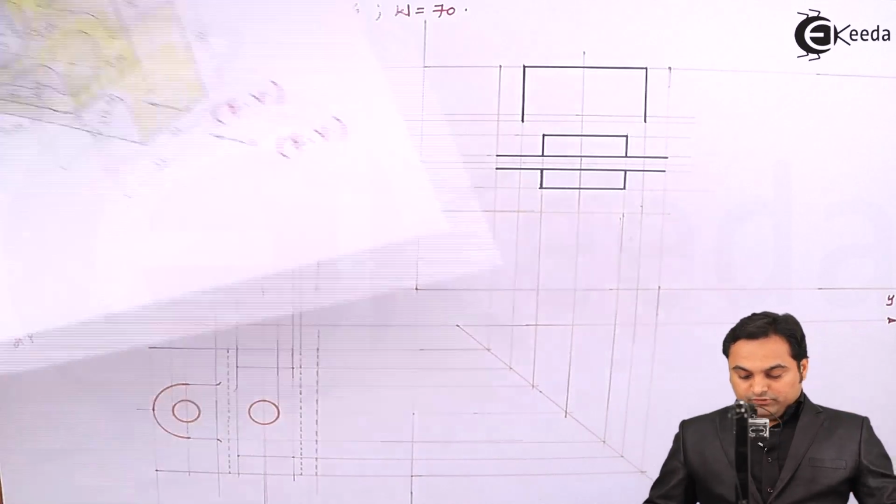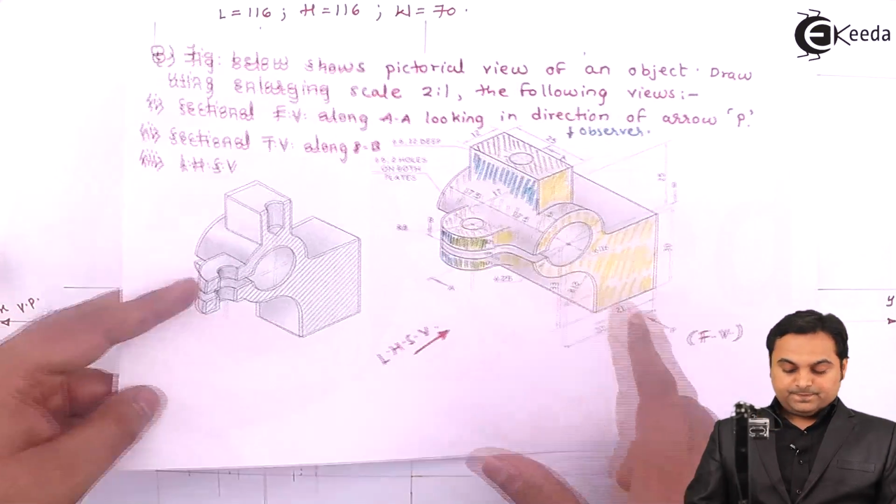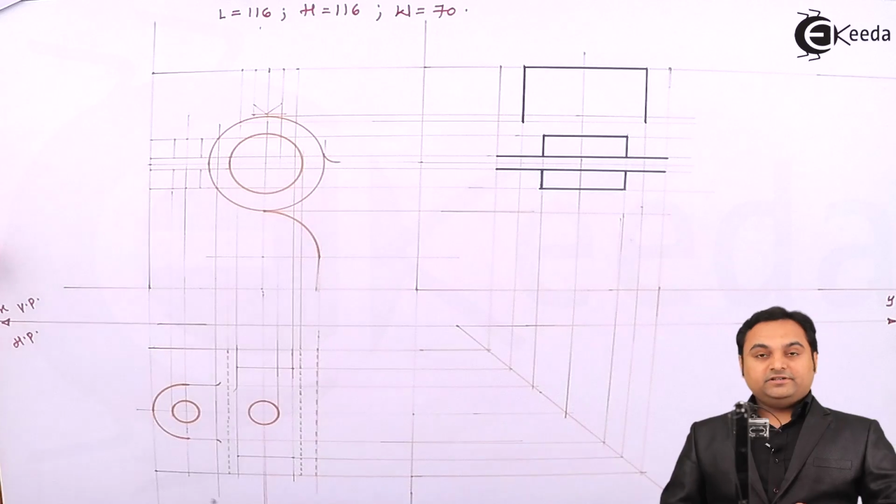Cylinder is there throughout the width, if we see here, so it will be made dark.